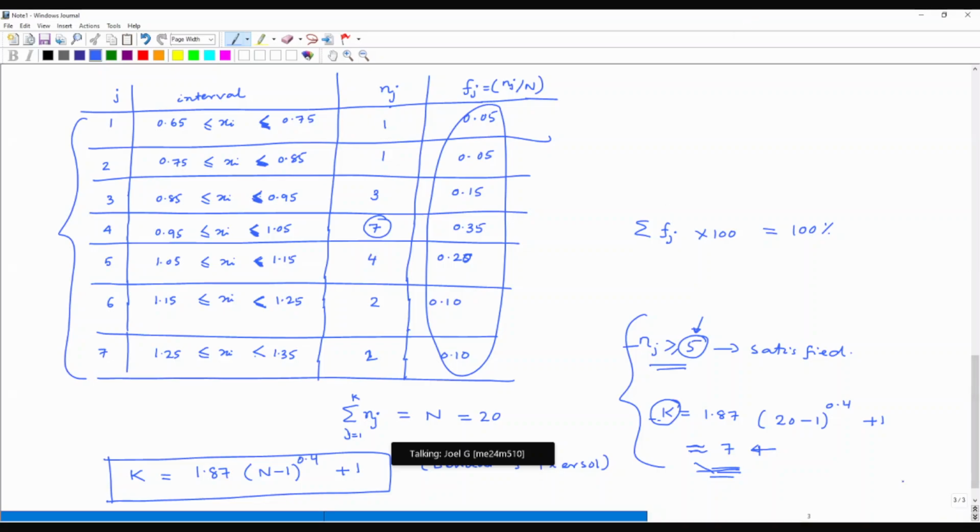If the number of data points in an interval should be greater than 5, then obviously the total number of data should also be greater than 5. Is there any limit for the total data? Yeah, as I said, you cannot have 3 data points and constitute a histogram out of the data.